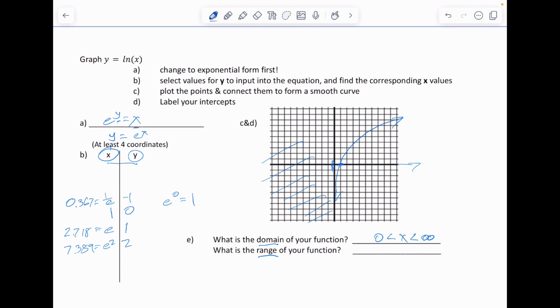What is the range going to be? Well, we can see that it's going to be all of the negatives. It keeps going down in the y's. And as it goes all the way up, even though it's going to shoot far to the right, it will still go all the way to the top. So that's all real numbers, or you can say negative infinity less than y less than infinity.